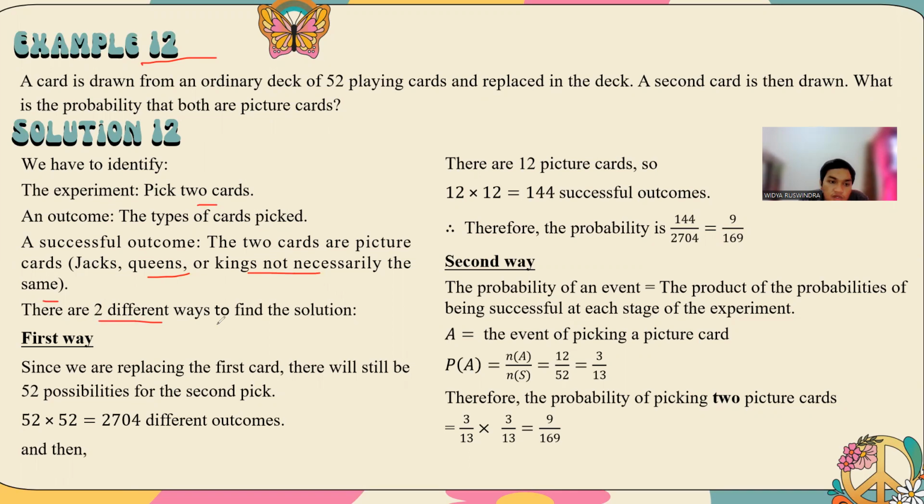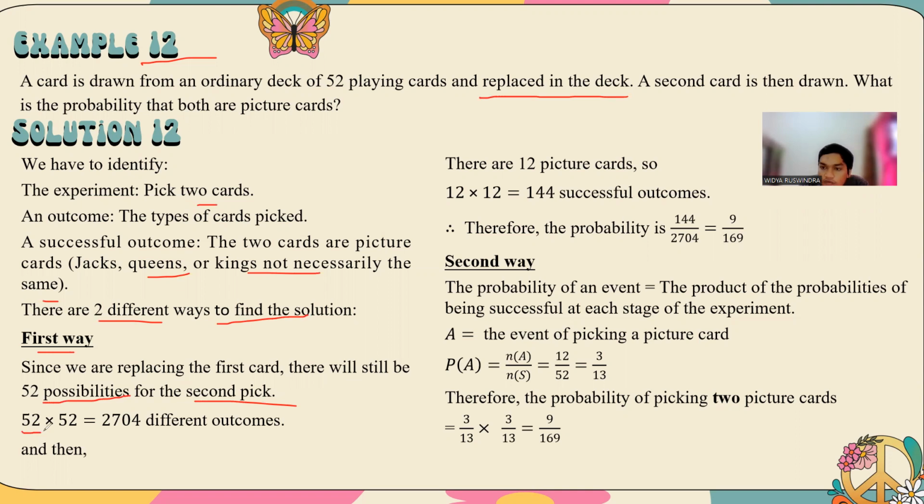There are 2 different ways to find the solution. For the first way, since we are replacing the first card, there are still 52 possibilities for the second pick, because we replace it in the deck. So for the first pick we have 52 possibilities, and for the second we have 52 possibilities.